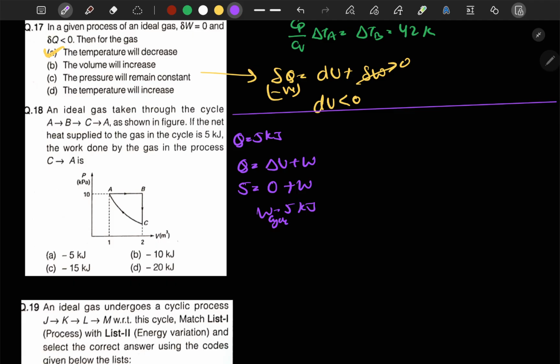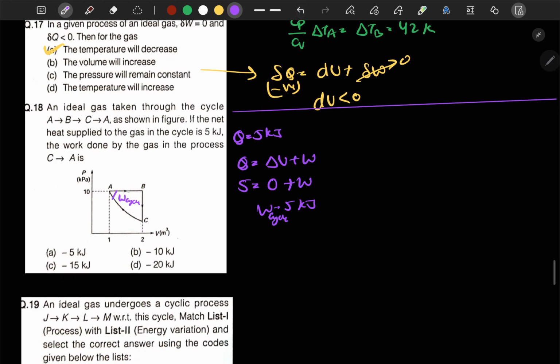If we talk specifically about the process, let me think a bit. See here, this area is the work done by the cycle. Now what is this area? This area is the work done by the gas in the process CA.